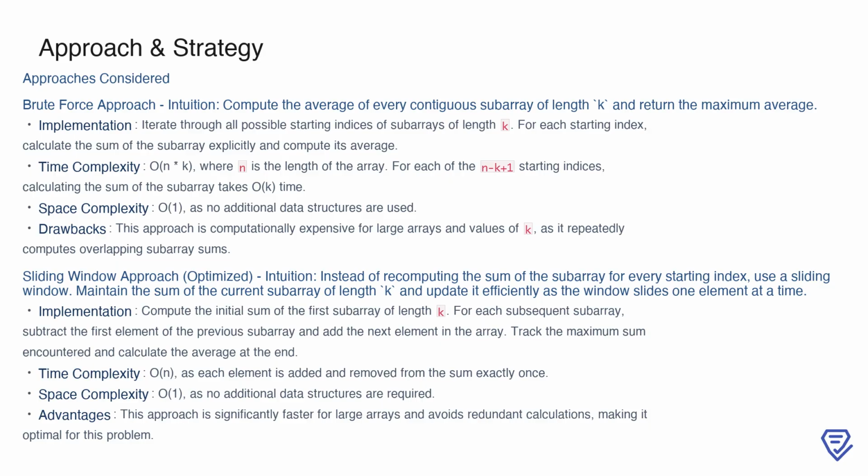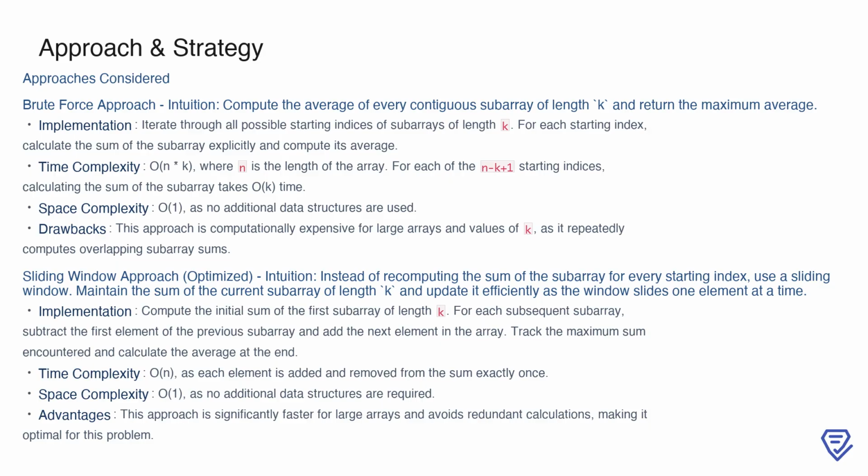On the other hand, we have the sliding window approach, which is a much more efficient optimization. Instead of recalculating the sum from scratch for each subarray, we maintain the sum of the current window and update it as the window slides. This means subtracting the element that leaves the window and adding the element that enters it. This reduces the time complexity to O(n), as each element in the array is processed only once.